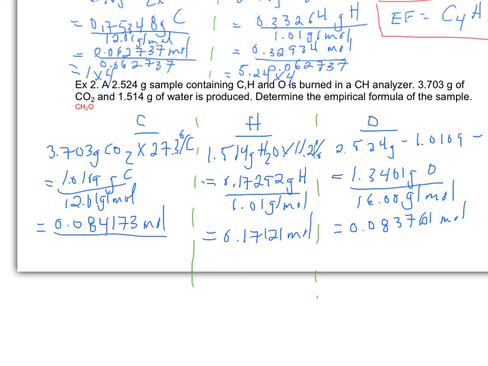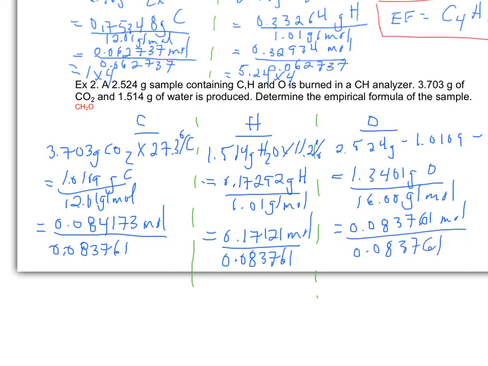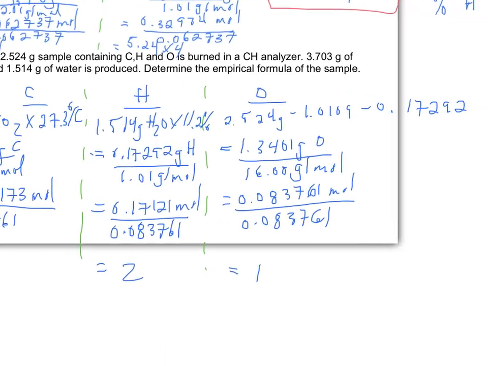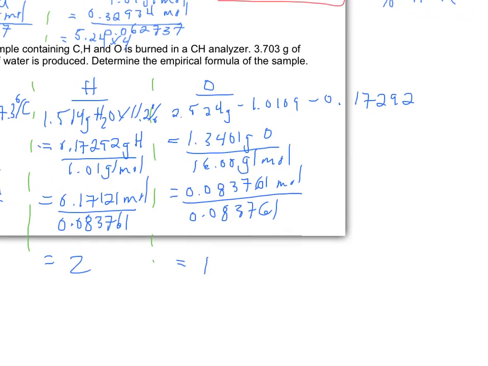I set my ratio equal to 1 by dividing by it. This gives me 1 carbon, 2 hydrogens, and 1 oxygen. Therefore, my empirical formula equals C1H2O1.